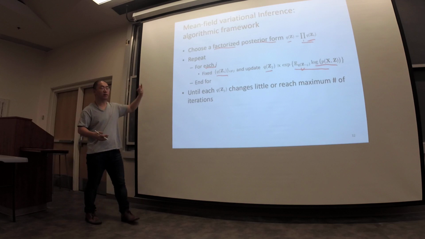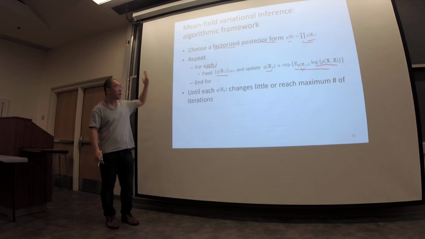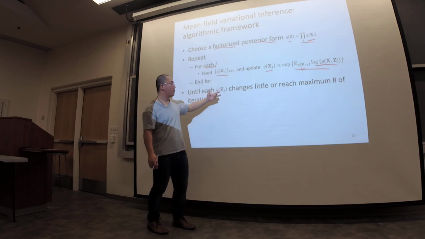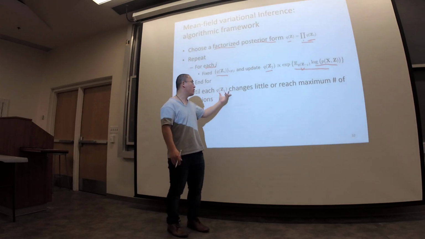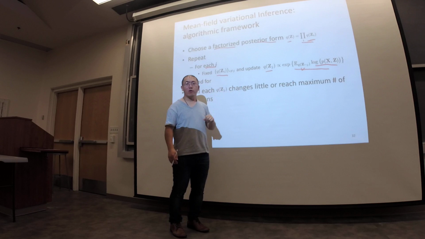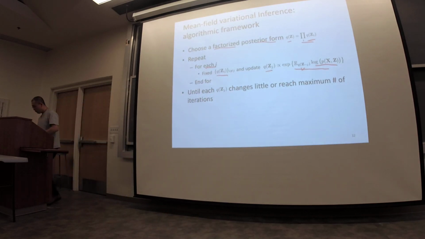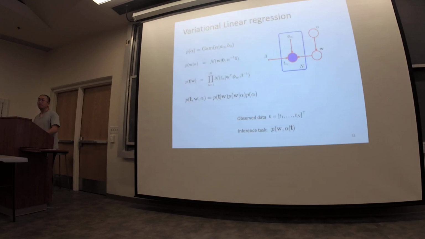If you do these cyclic updates, you finish one iteration, and then do the next iteration, until, for example, each Q of Zj changes little, or you have reached the maximum number of iterations. Any questions so far?